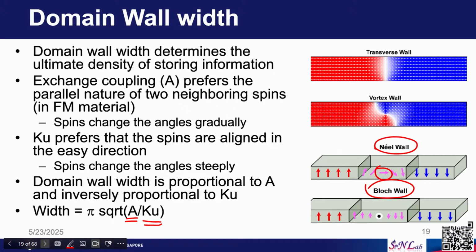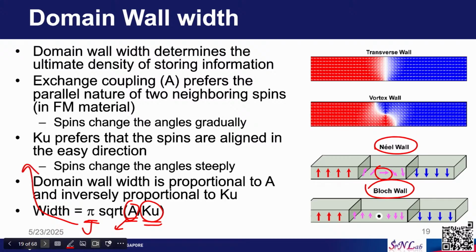Okay. So, the domain wall width is determined by the exchange constant A and the anisotropy constant K u. So, why is it proportional to A? Why is it inversely proportional to K u? Anyone has any idea? Why is the domain wall width proportional to the square root of A, the exchange constant? So, this exchange constant is the same as the Heisenberg exchange integral that we learnt. Okay. We are using different units here.